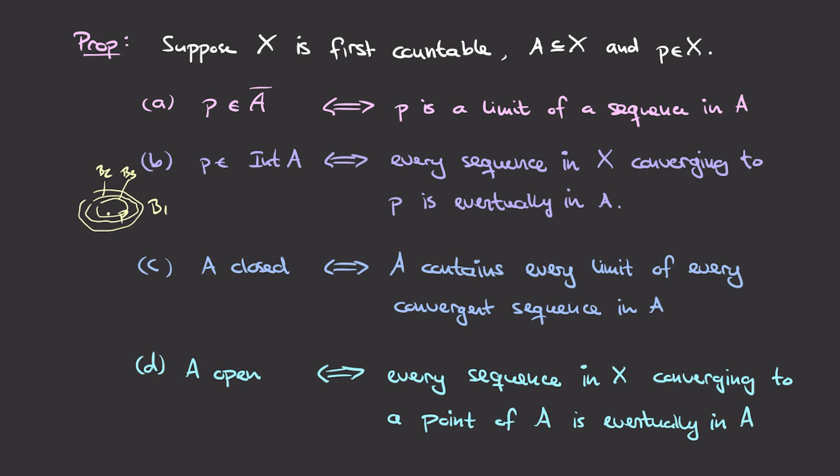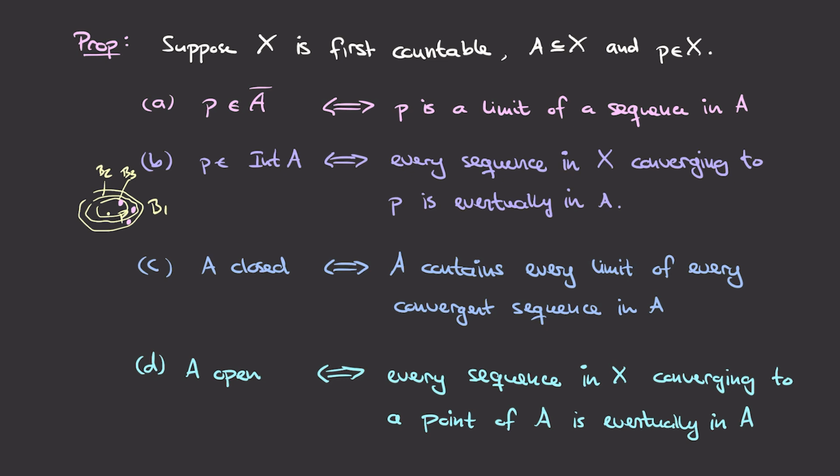Moreover, if P lies within the closure of A, so this is this hypothesis here, then this means by the characterization of lying within the closure that each neighborhood of P will intersect A. So in particular, each of these elements Bi of the nested neighborhood basis around P will contain some point of A.